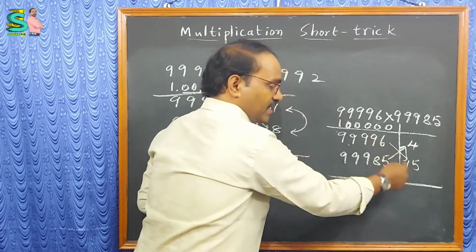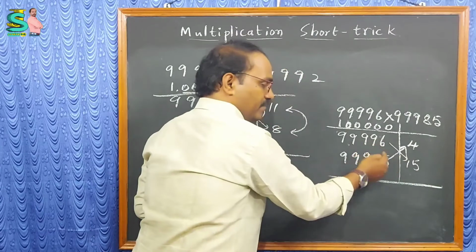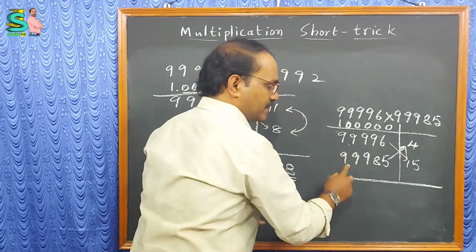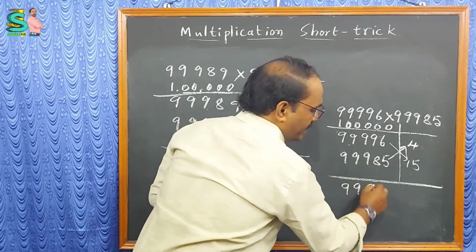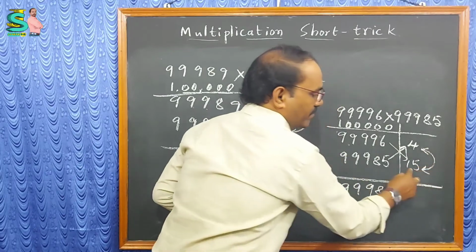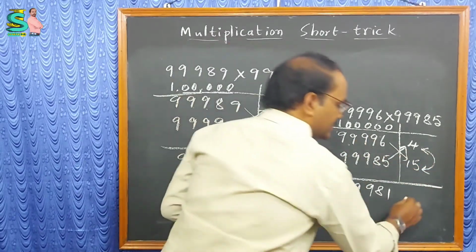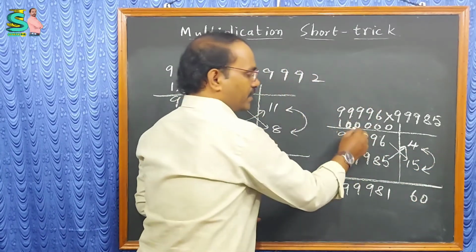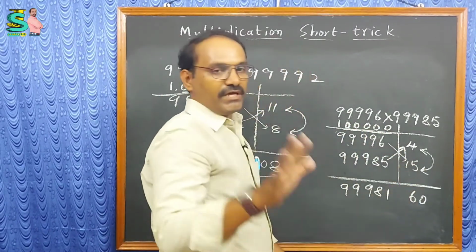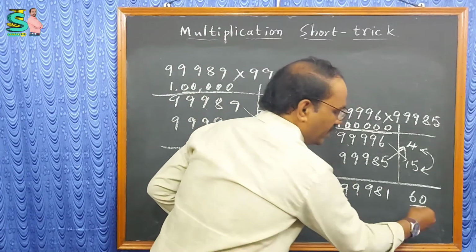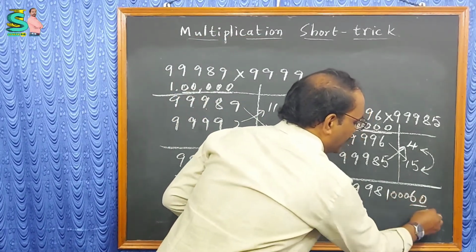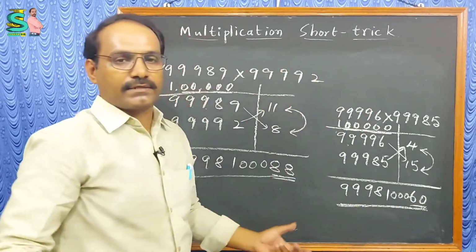You will get the same answer when you subtract 15 from this number or 4 from this number. So 99981, and then the product of these two numbers, 15 4s are 60. But here 5 zeros are there, so the product must be a 5-digit number. But here we have 2 digits only, so you can keep 3 zeros in the middle. This one is your answer.